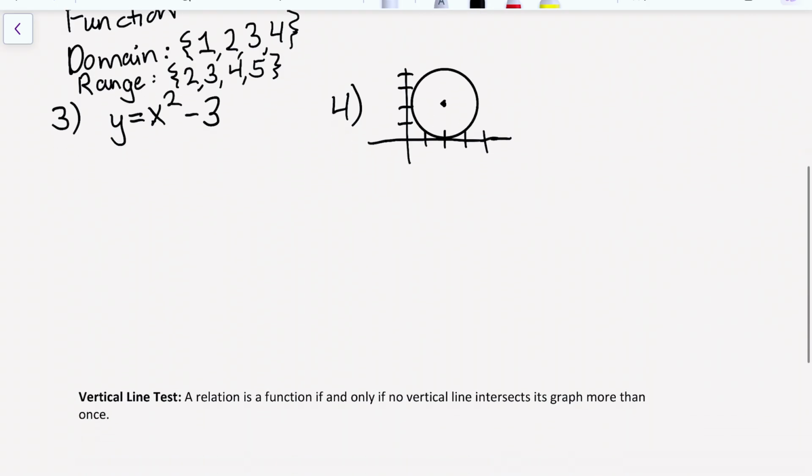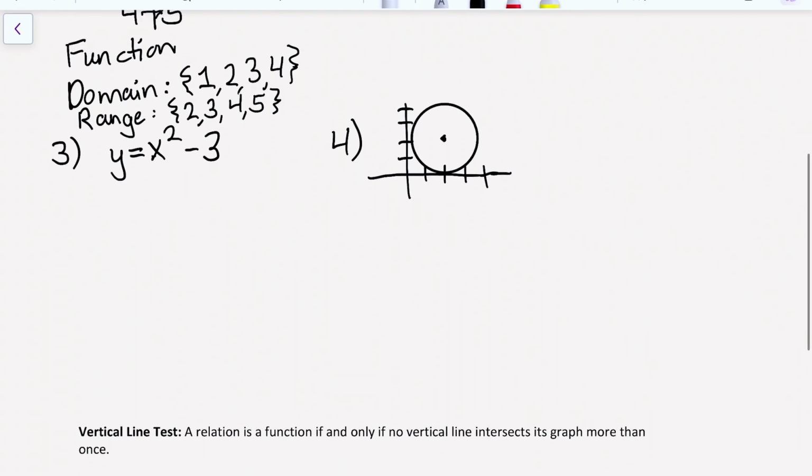Our third example is an equation, y equals x squared minus 3. And we could represent this or think about this equation maybe by plugging in some x values and getting some y values. If you want another way to look at this, we could say let's plug in the x value of 1 and we would get an output of -2 for y. We could do this again, plug in the x value of 0 and we would get an output of -3 and so on.